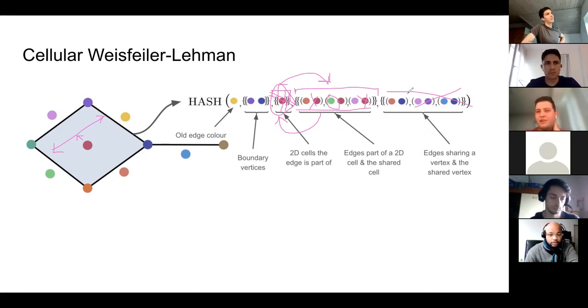I think the more complicated part is about removing these things. Yeah, but still, if we imagine these colors as just features, then in the end we have the features included in all of the information that is going into the update of our node or our edge or our face.